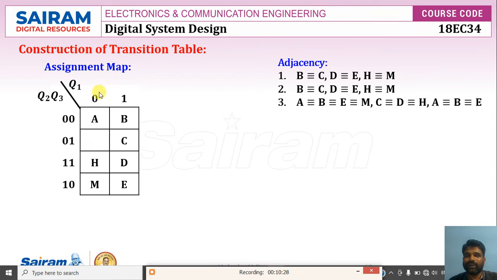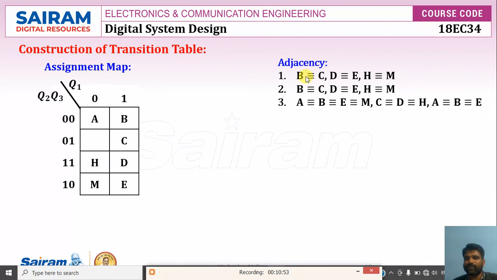Two columns are represented by one variable, Q1, 0 and 1, and Q2 Q3, 0 0, 0 1, 1 1, 1 0. Observe here, A is adjacent to B, and this is adjacent to C, adjacent to D, adjacent to E, and here H and M are written.